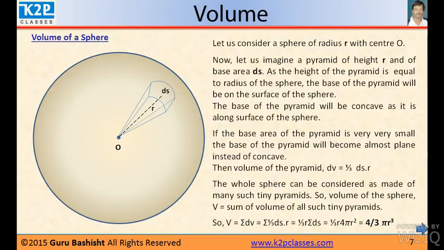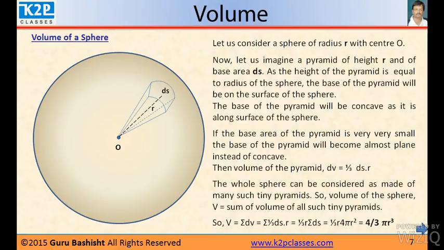The whole surface can be considered as made of many such teeny pyramids. So the volume of the sphere V equals the sum of the volumes of all such teeny pyramids. So V equals sigma dV, that is equal to sigma 1 by 3 ds into r.